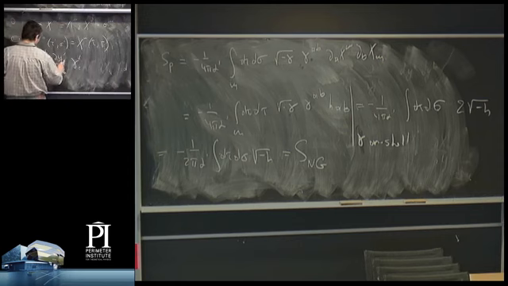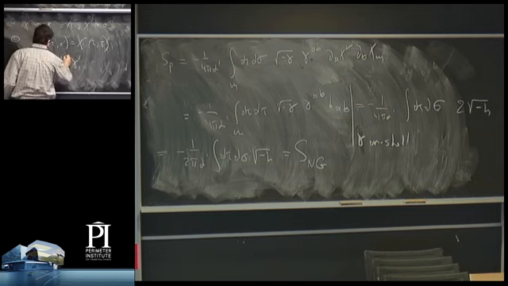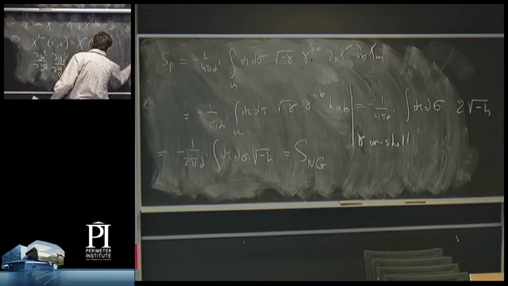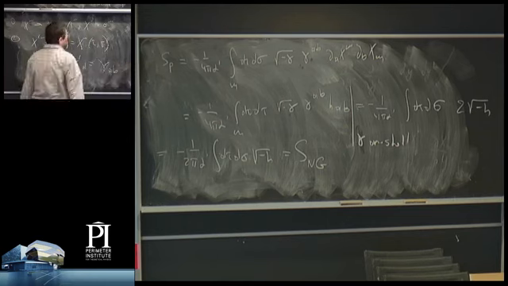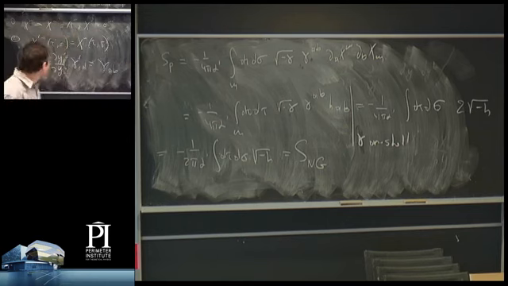So all the indices must be up for the coordinates. That's the way the metric must transform.